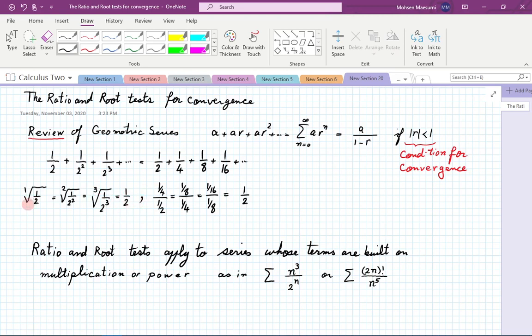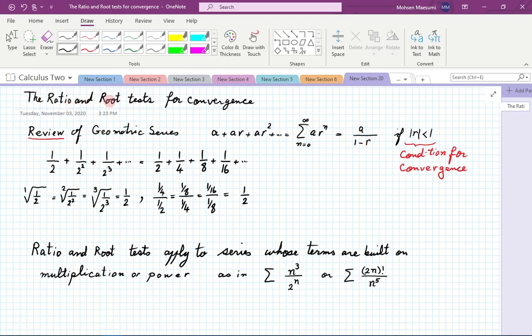The first one is perhaps unfamiliar. It just means you take the number as it is, you're not doing anything to it. This is your ordinary square root, ordinary cube root, and so on, and all of them are equal to each other, and it's 1/2. It's the same as this number. So in both of these cases the ratio is less than 1, and therefore I know that my series converges.